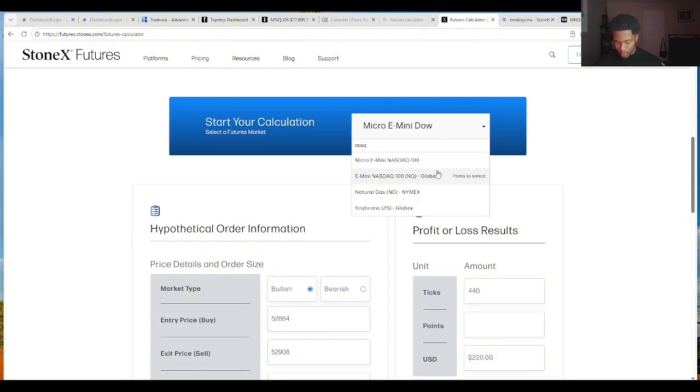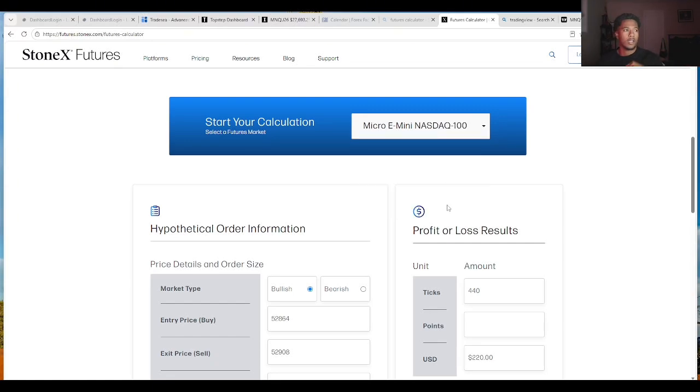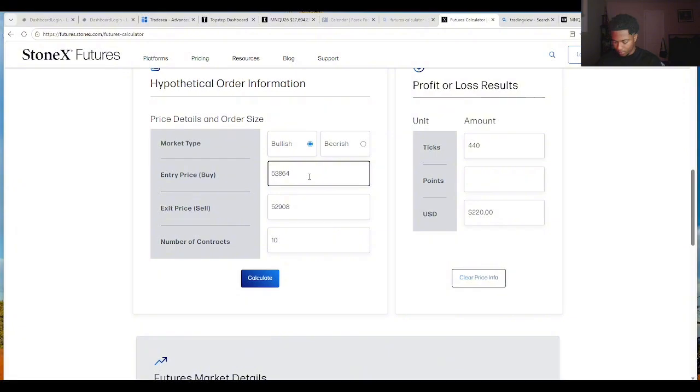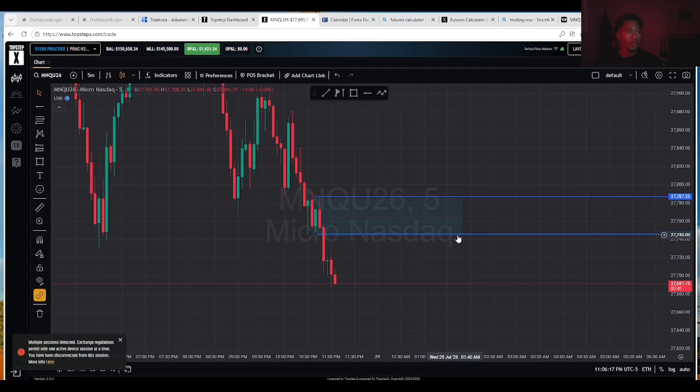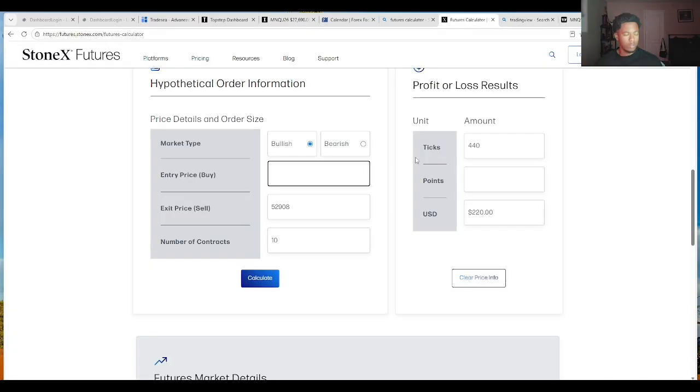So I'll go to my futures calculator. I would type in the pair that I'm trading, which is NQ, but I'm trading a micro, so you need to make sure you're on the right pair. So I'll click Micro NASDAQ. I would type in where my entry point would be, which is 27,745.75.